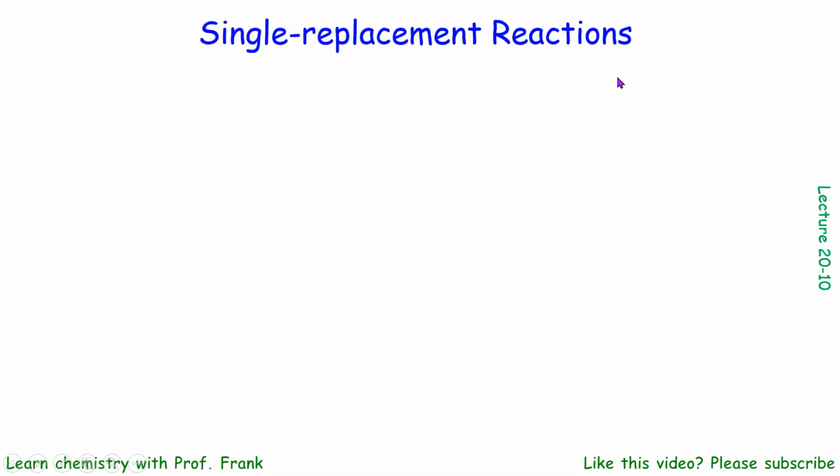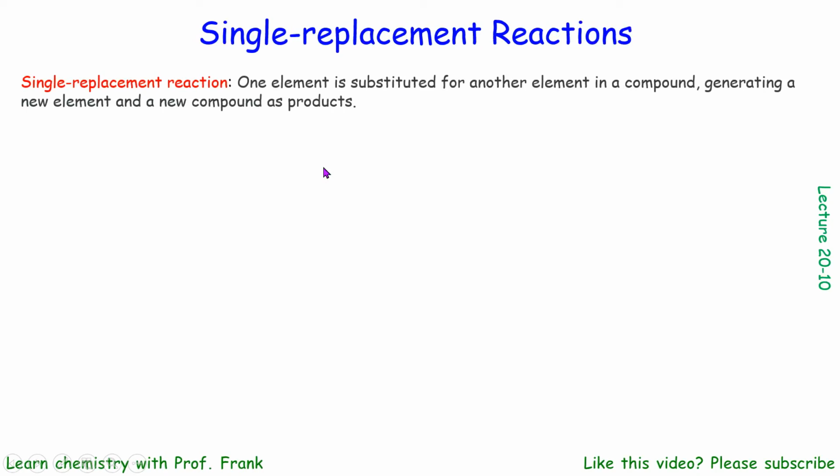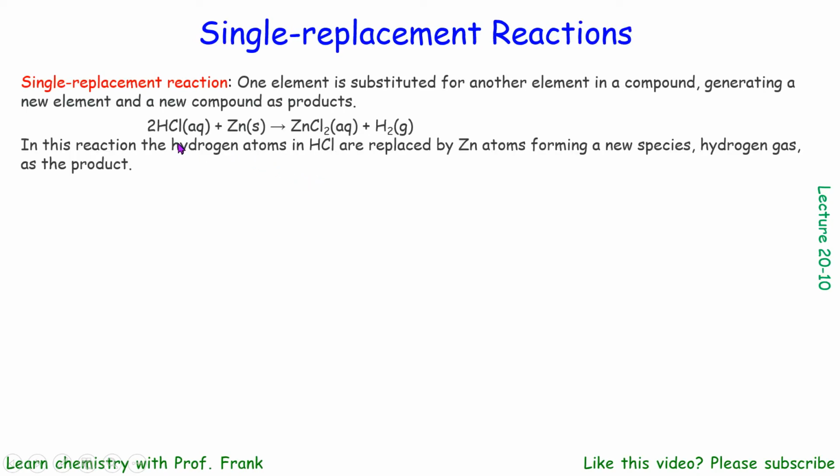Single replacement reactions. So you see, in this reaction, the hydrogen atoms in hydrochloric acid are replaced by the zinc atoms, forming new species, zinc chloride and hydrogen gas.